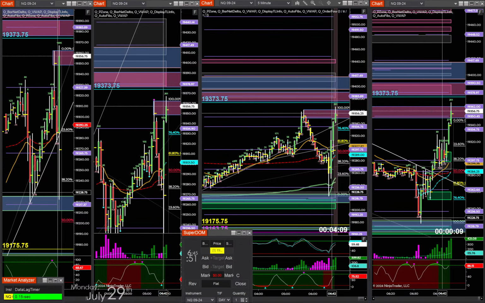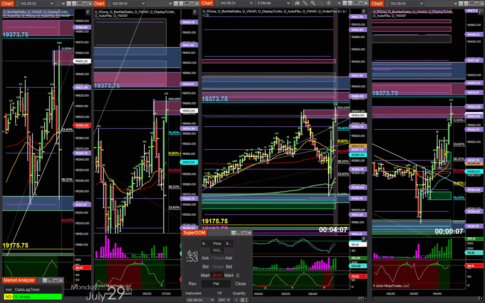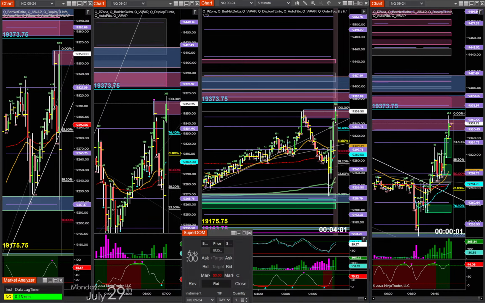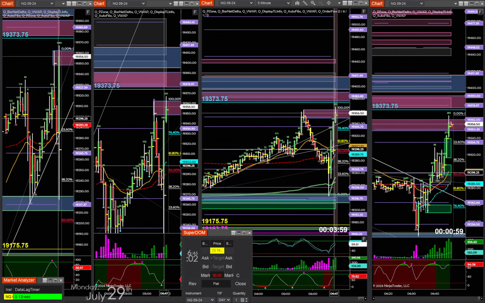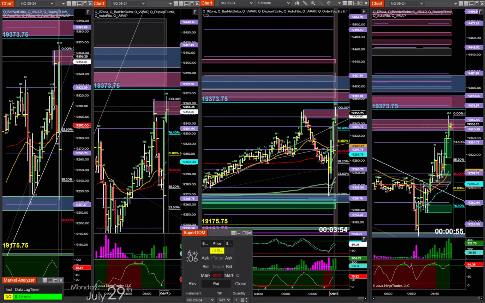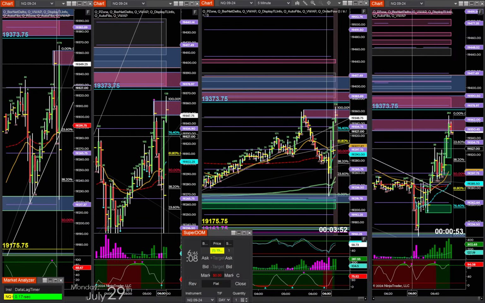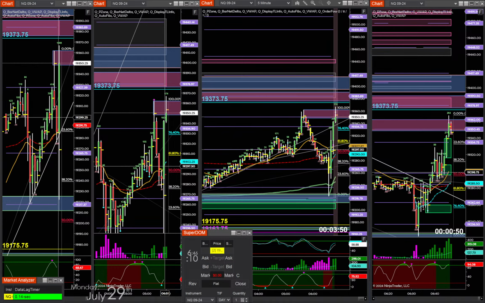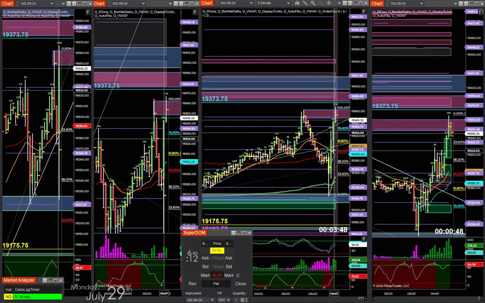So let's take a look here. Yeah, no trade yet. POC happens to be on the 1 minute below the close, so no trade. 5 minutes confirming that the sellers are coming back in.